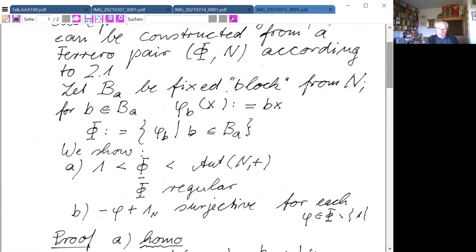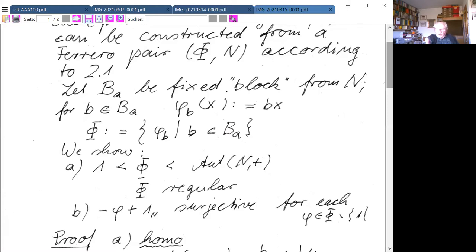The elements b with b·1_A is b. And for b in B_A we have phi_b(x) is b·x. And now we consider all the phi_b with b in B_A. And our intention is to show first phi is a group.